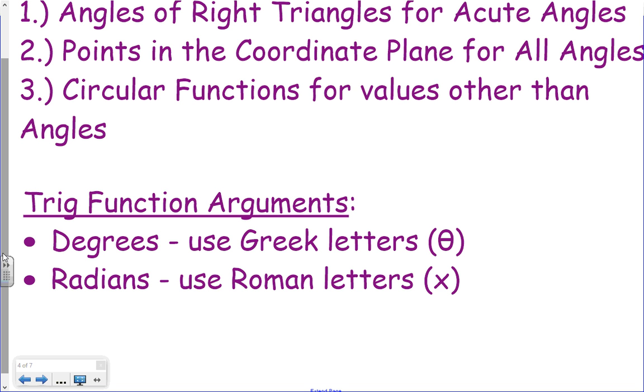On the other hand, if it's using Roman letters like x or y or a or b, those are radians. Probably theta and x are the two most common ones. They won't have to tell you that it's in radians or degrees. Once they tell you the variable, it's understood that these are the units we're working in. So theta is in degrees, x is in radians.